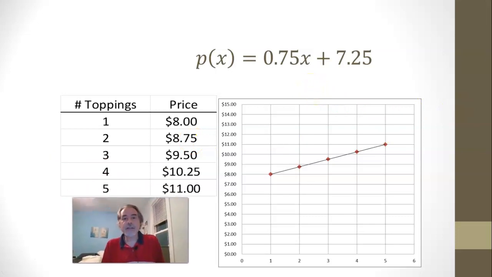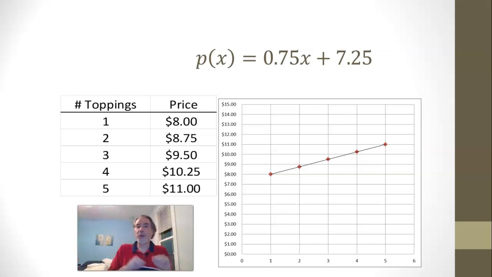P of x equals 0.75 times x plus 7.25. So if you took that equation and put in place of x any particular number of toppings, 1 or 2 or 3 or 4 or 5, this formula would give you the price.